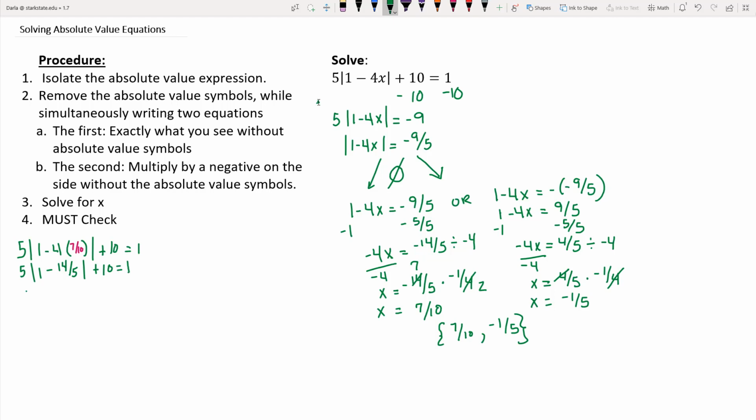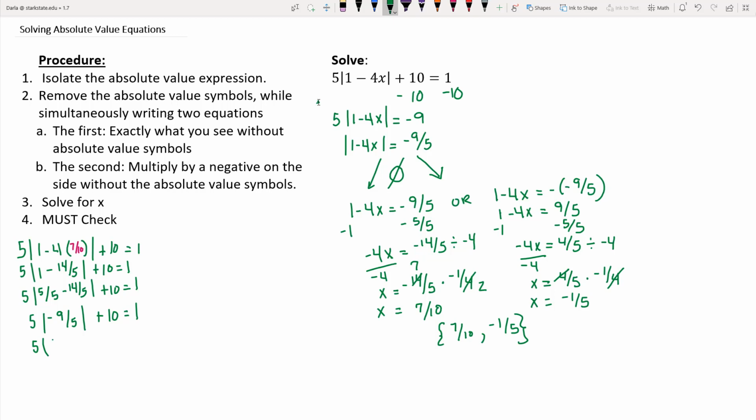And so that's just 5 times, we write 1 as 5 fifths minus 14 fifths, plus 10 is 1. So that's 5 times the absolute value of negative 9 fifths plus 10 is 1, but then the absolute value of negative 9/5 is positive.